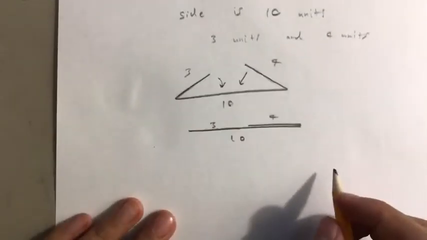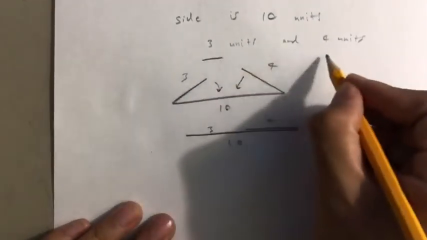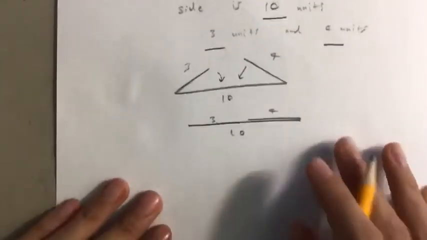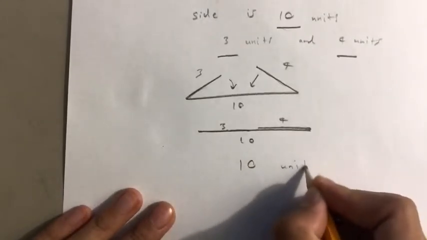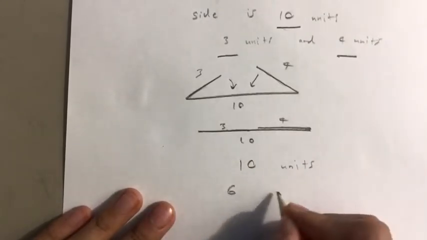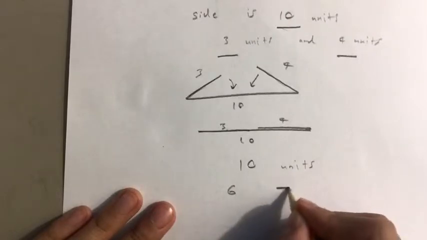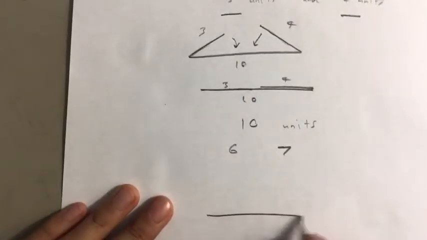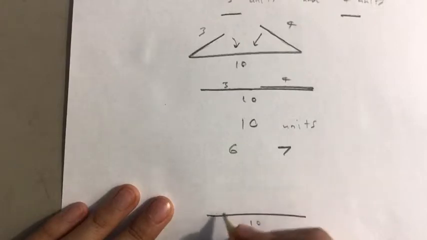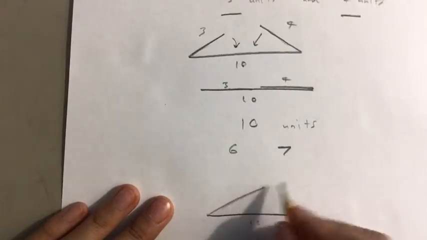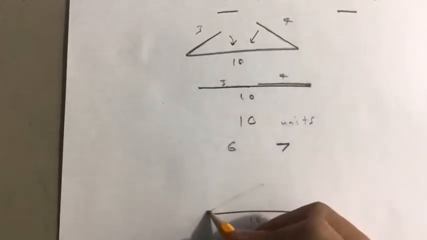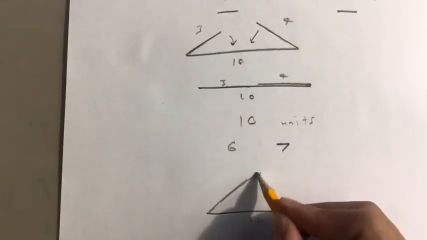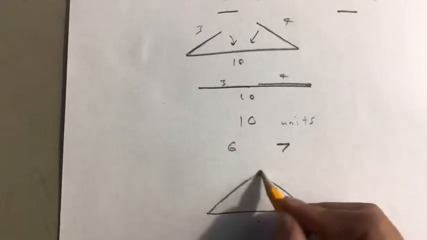So basically, a good rule to remember is if this plus this is less than this, then the triangle is just impossible. But let's say it has 10 units and the sides are 6 and 7. If you take this 10, and this is about 6, this is about 7, that's going to make a triangle.